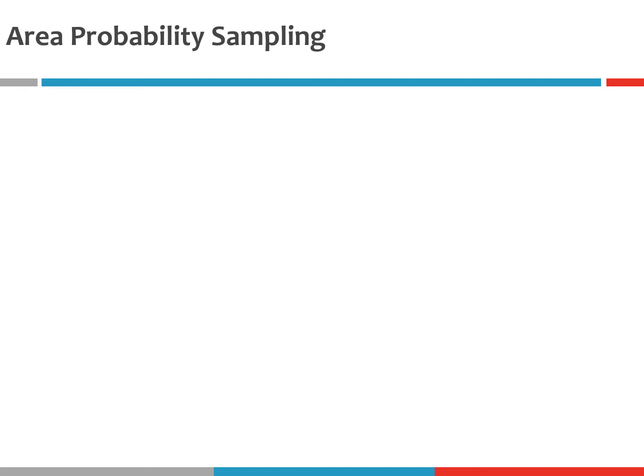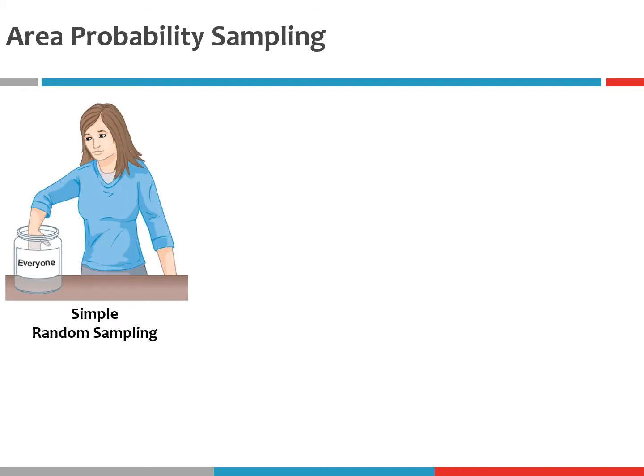And next we have what's called area probability sampling. So before I define area probability sampling for you, let's go through each of these, right? So when you draw a simple random sample, you randomly select one name from a group of everyone in the population. So you have a name from everyone in your population and you randomly select participants for your sample from the population.